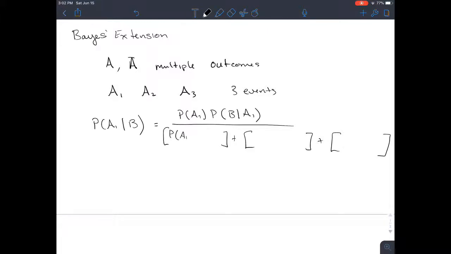The probability A1 occurs times the probability that B occurs given A1, plus the probability A2 happens times the probability that B occurs given A2, plus the probability that A3 occurs times the probability that B occurs given A3 happens. And this is what we use for problem number 10 on homework set 1, lesson 3. And this is what we use to solve that problem.